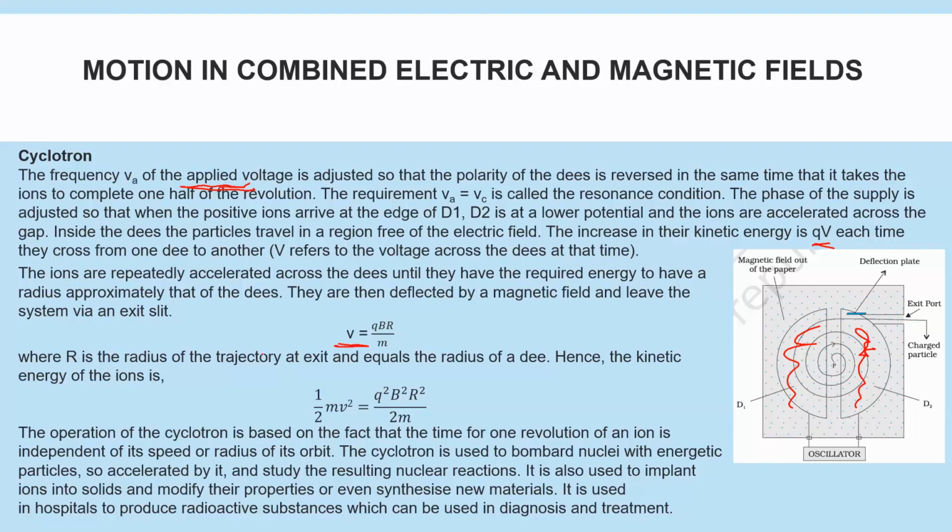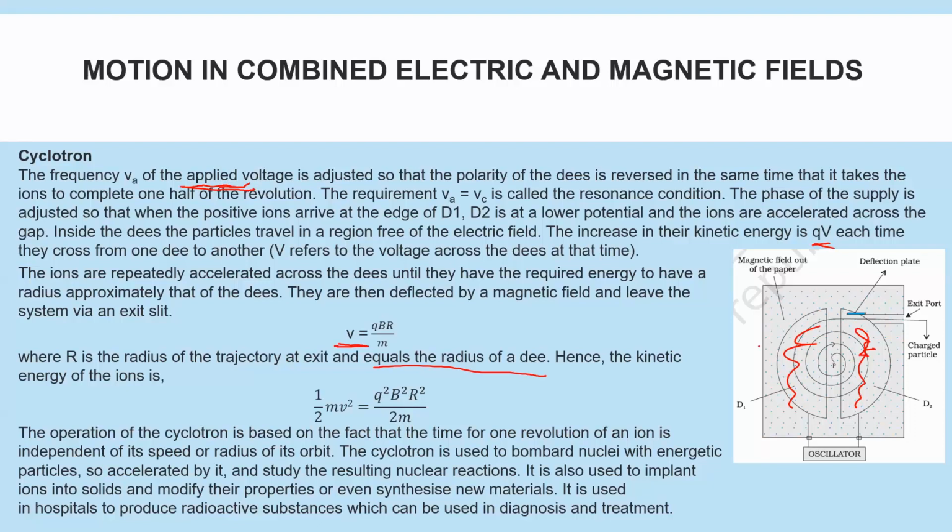Okay, so R is the radius of the trajectory at the exit, so that is almost similar to the radius of the Ds, so it equals the radius of a D. Okay, so the kinetic energy then of the positively charged particle or ion is going to be half mv square, that is equal to q square B square R square upon 2m. Okay, so this is what we find. So the operation of the cyclotron is thus based on the fact that the time for one revolution of an ion is independent of its speed or radius of its orbit.